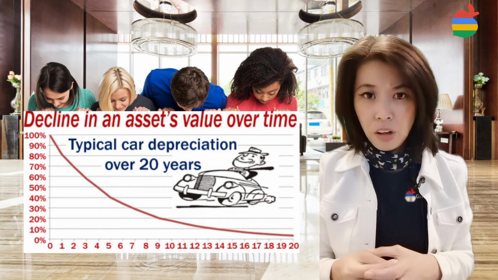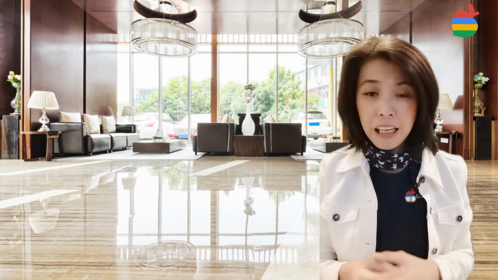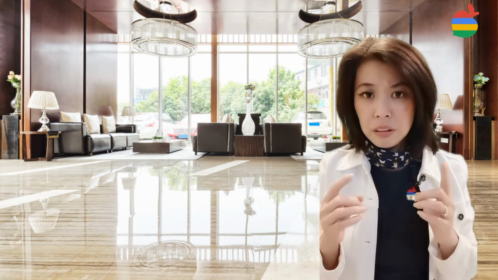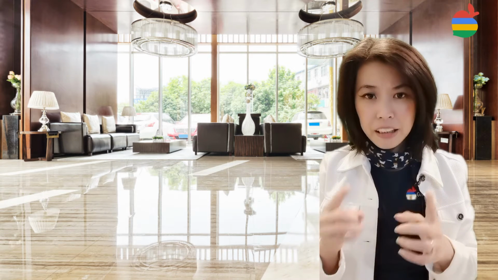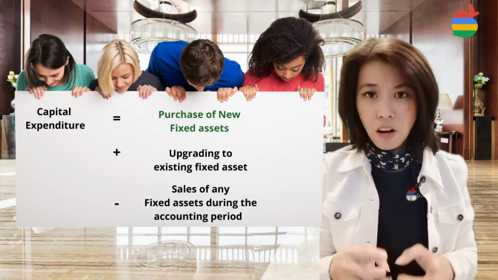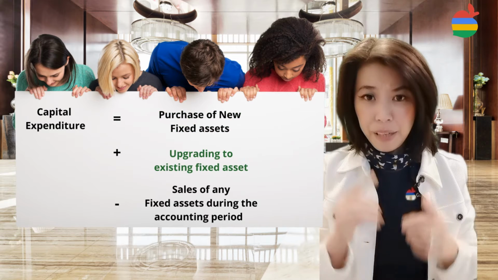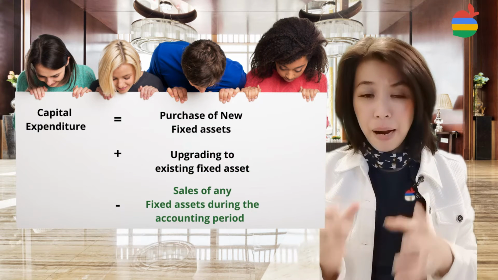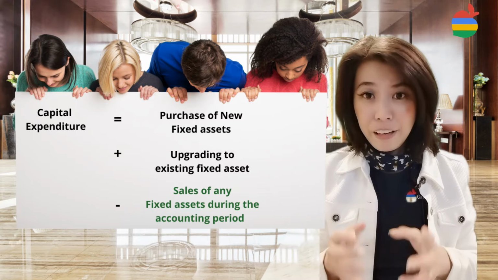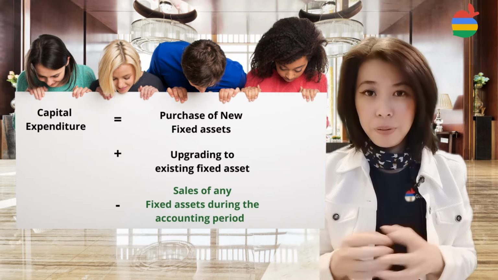The key formula to calculate a business's capital expenditure: you will need the balance sheet for the years you are interested in. Capital expenditure equals purchases of any new fixed assets plus upgrades to existing fixed assets minus any sales of fixed assets during the accounting period.